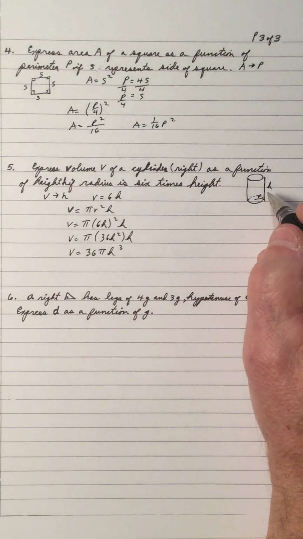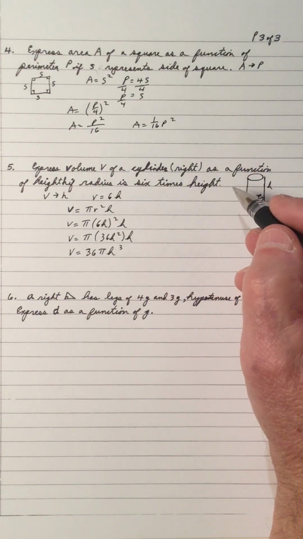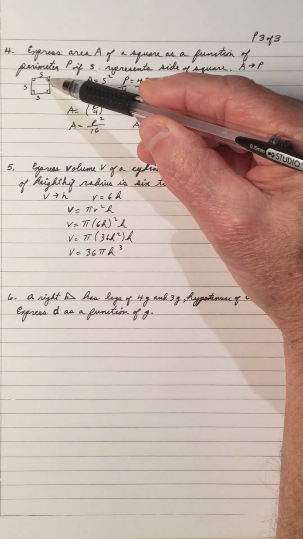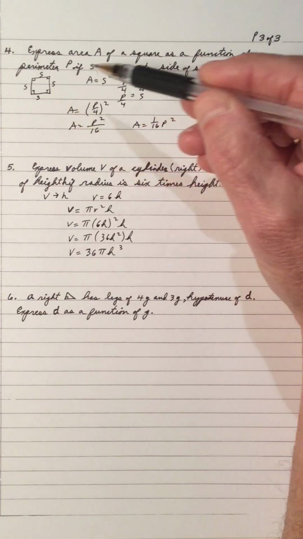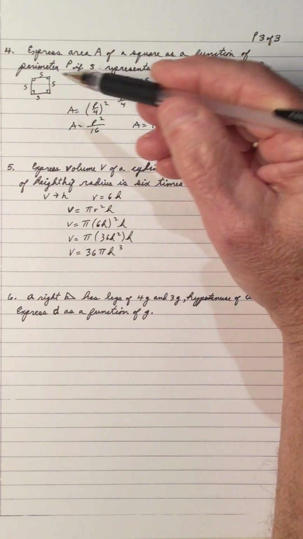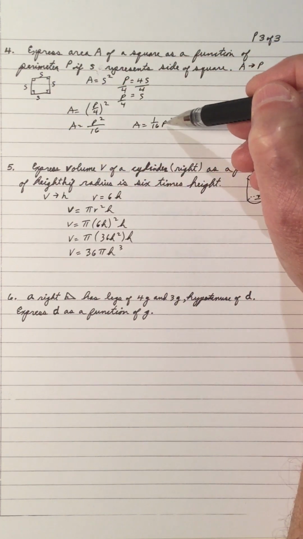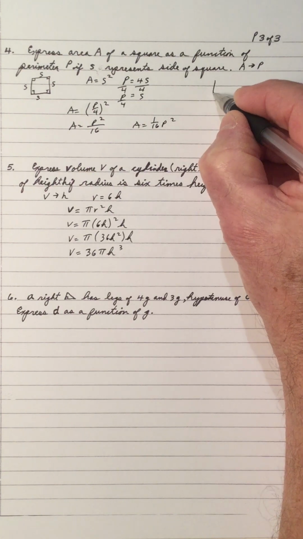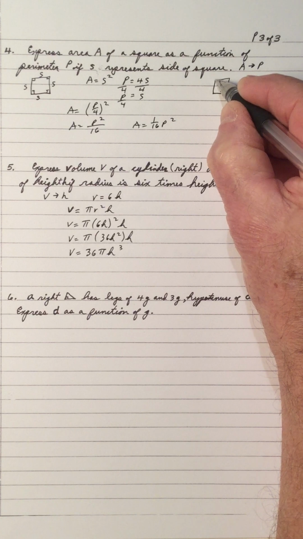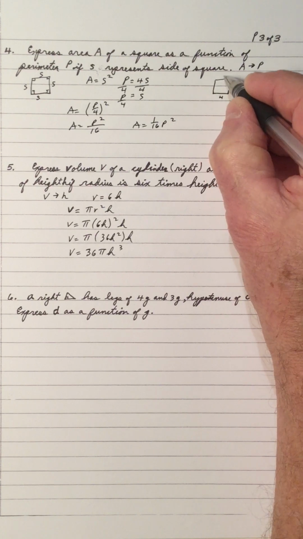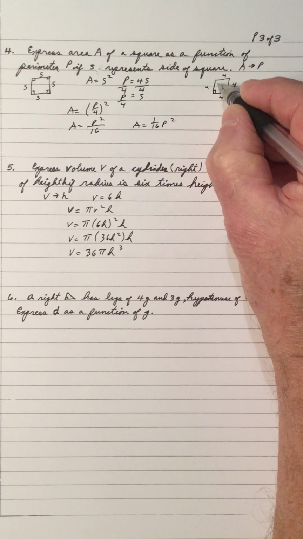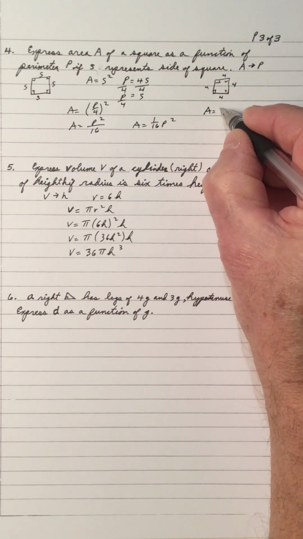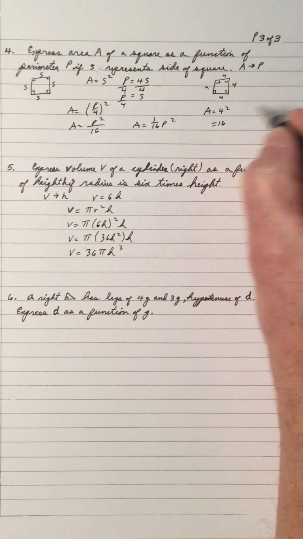Go back to number 4: you can get the area of a square by getting the side, but if you get the perimeter and fit it in here, it still comes out to the same area. Just to give you an example, let's take a square that has sides of 4, 4, 4, 4. The area of the square is 4 squared, which is 16.